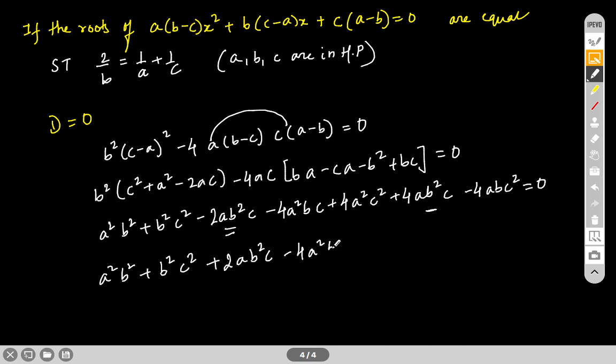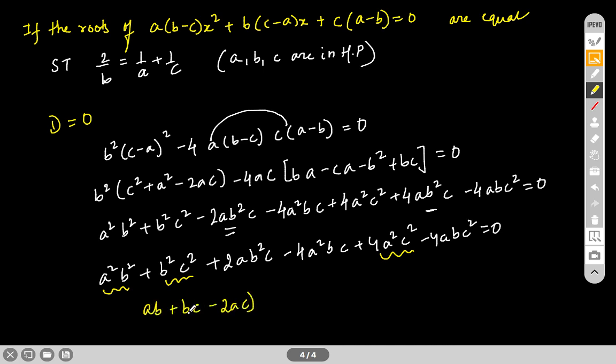Minus, and minus 4a b c square. Correct? Now, if you see ab square, bc square, and 2ac square, sorry, in fact, I can take minus 2ac square. You'll find that this comes out to be a perfect square.